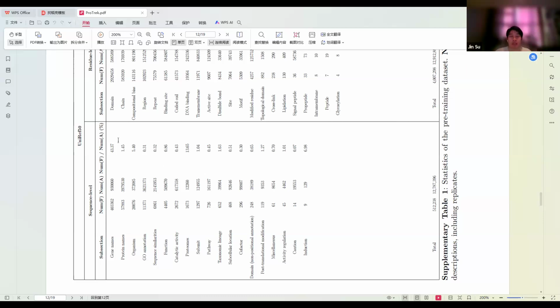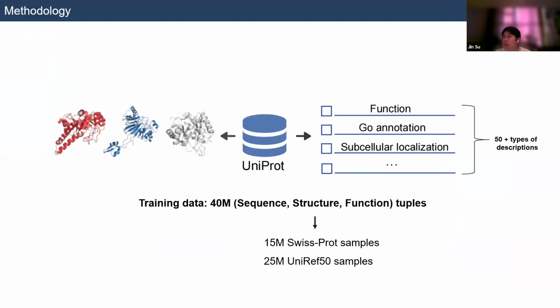In my opinion, the UniRef50 samples are like synthetic data, and they cannot be directly used. They have to be combined with real data to avoid overfitting. Another question was about fine-tuning only the sequence encoder.